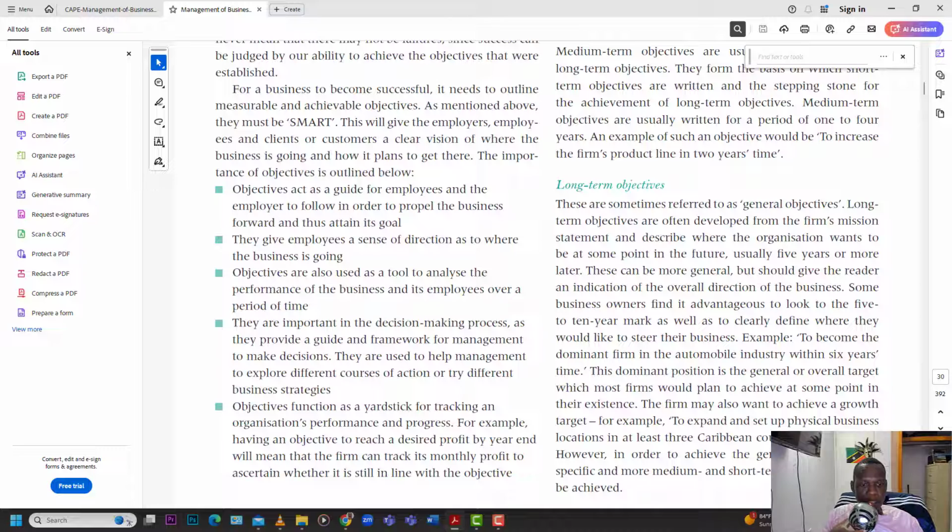For example, having an objective to reach a desired profit by year end will mean that the firm can track its monthly profit to ascertain whether it is still in line with the objective.